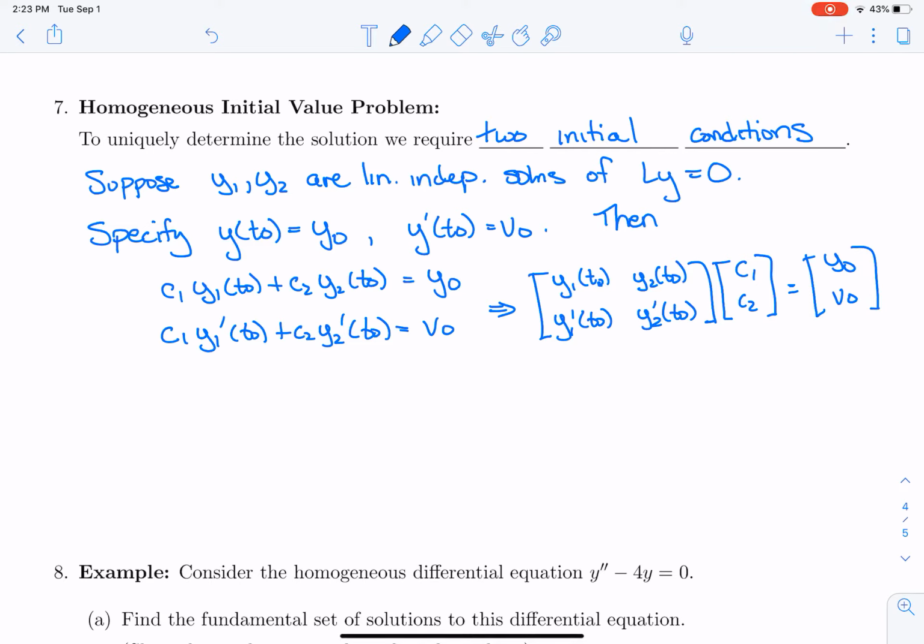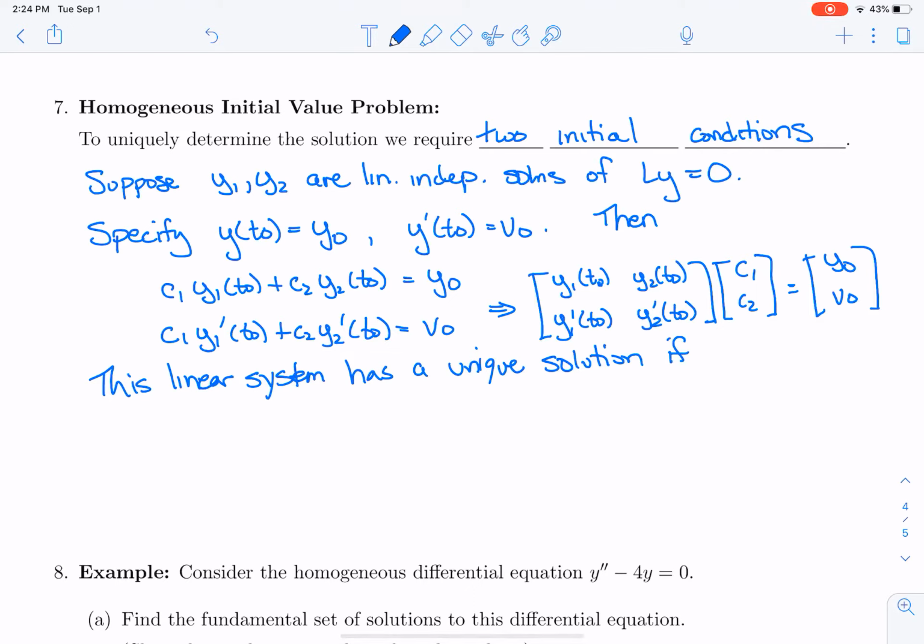Okay, so this linear system that I've written has a unique solution where I can specify c1 and c2 if the determinant of that matrix is not equal to 0.